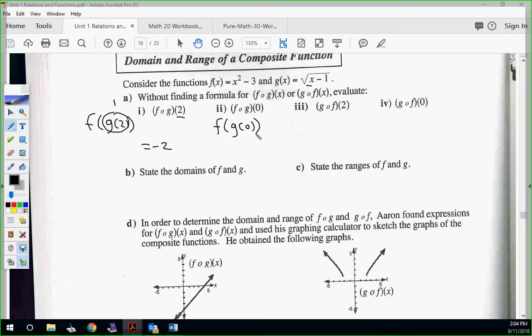You should immediately be like, yeah, you get a negative in the radical. If I put a 0 here, 0 minus 1, can't square root a negative. So this is DNE. We can't do it. That does not exist. It's not in the domain.